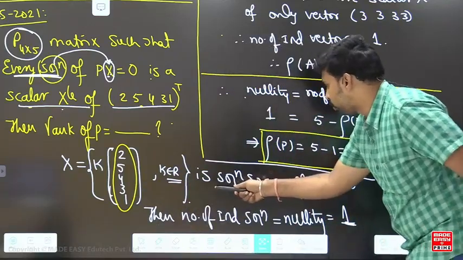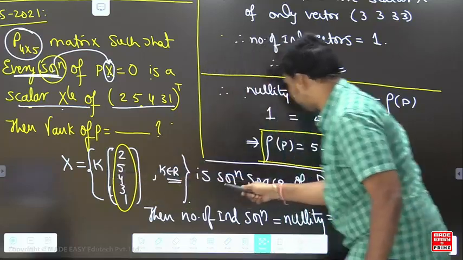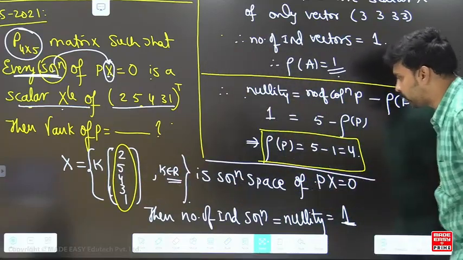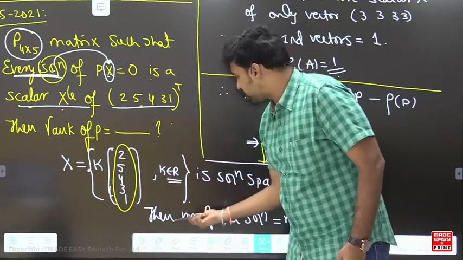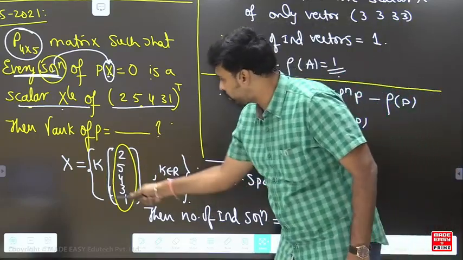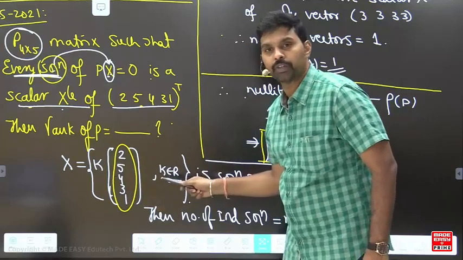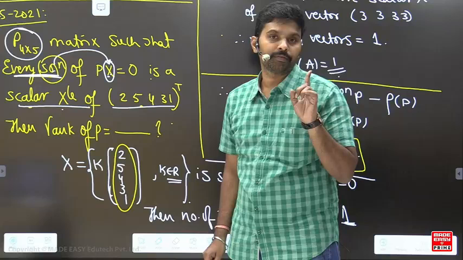So this is the solution space. The set of all these solutions is the solution space of Px equal to 0. Now what is the nullity? Nullity means the number of independent solutions among these infinitely many solutions. So only one, because all are given by a scalar multiple of one vector.